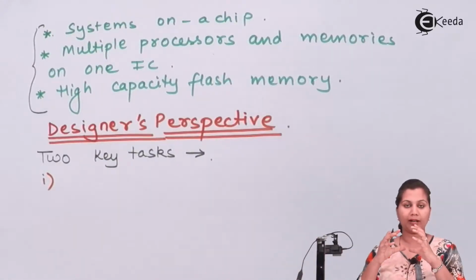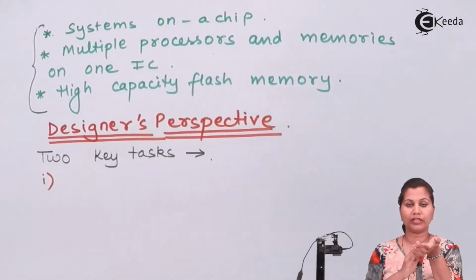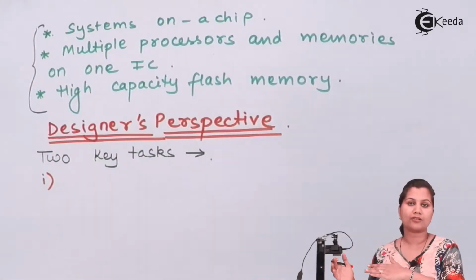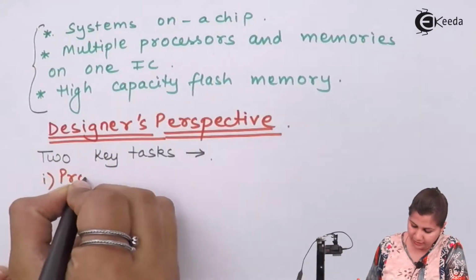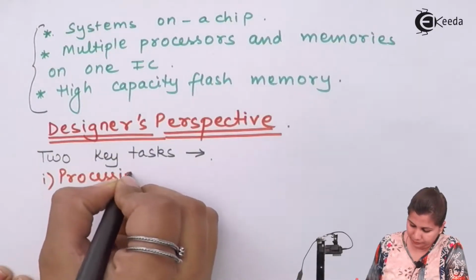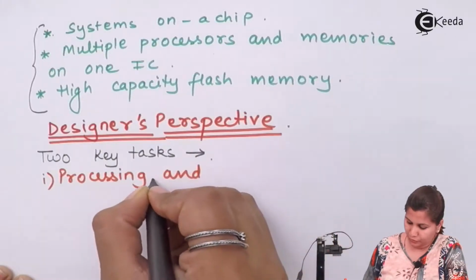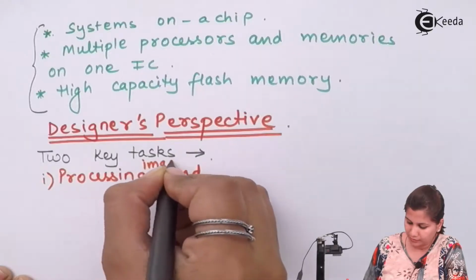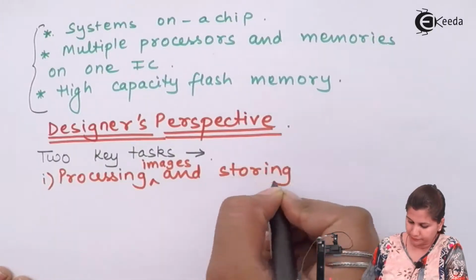This means the camera captures the images, processing is done over them, and then the images are stored in the memory. So the first task is processing images and storing in memory.